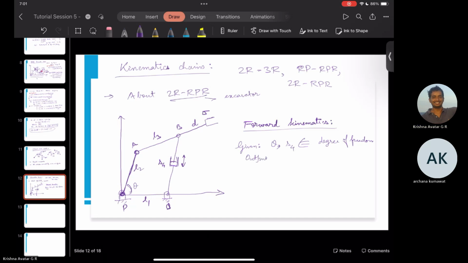And the output we have is X, E, and Y. So this is for the forward kinematics part. For the inverse kinematics part, it just goes the other way around, right? We have given X, E, Y, E, determine theta, S4.